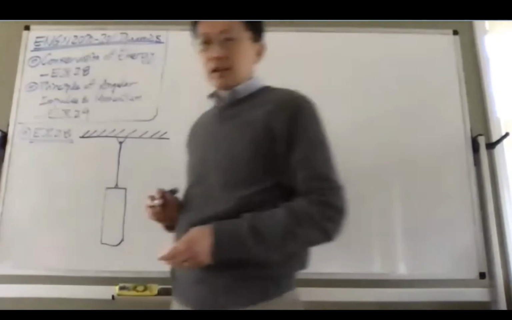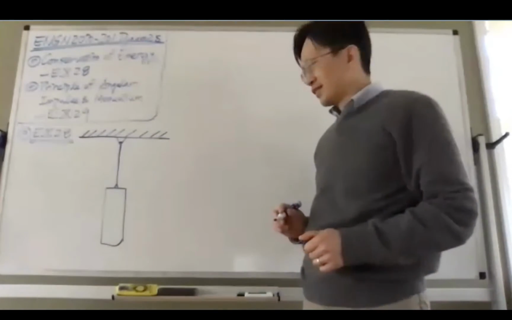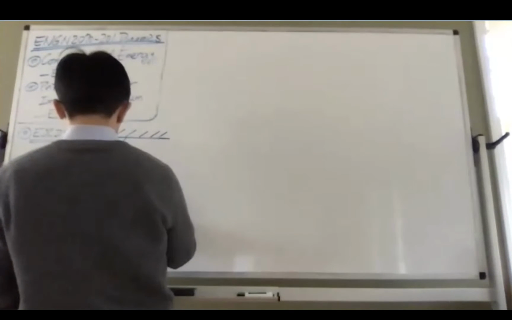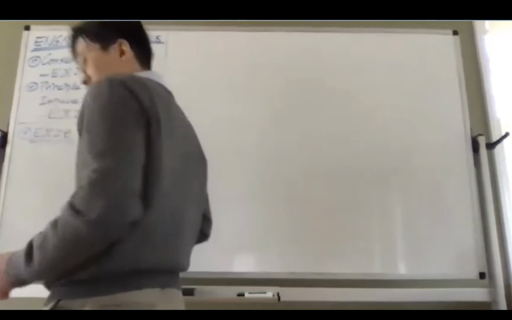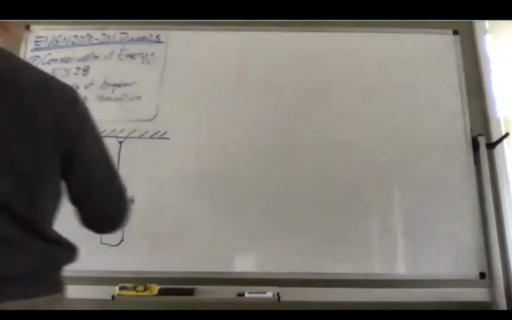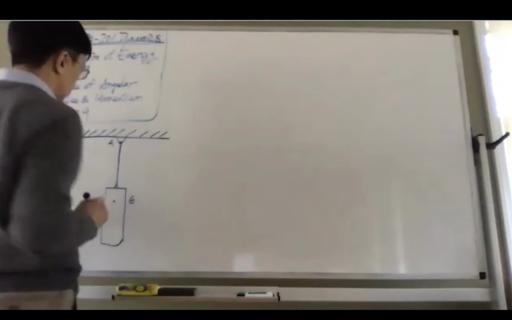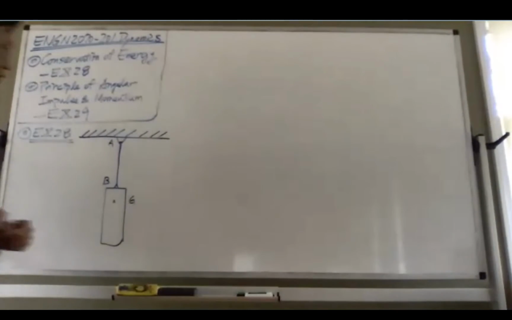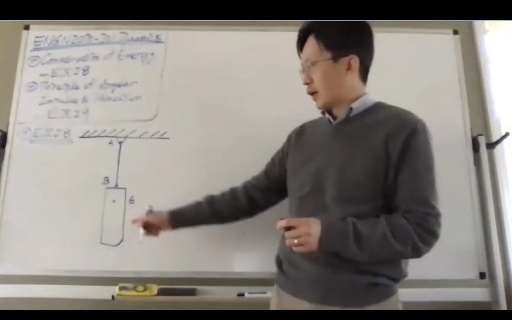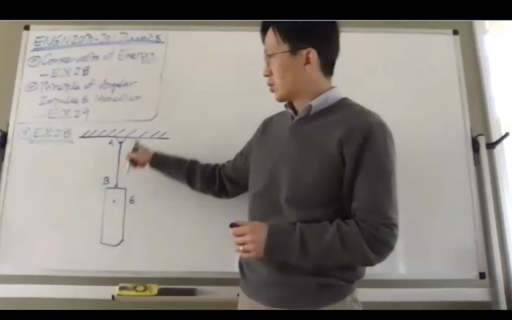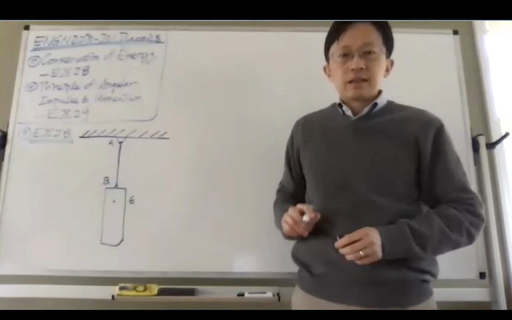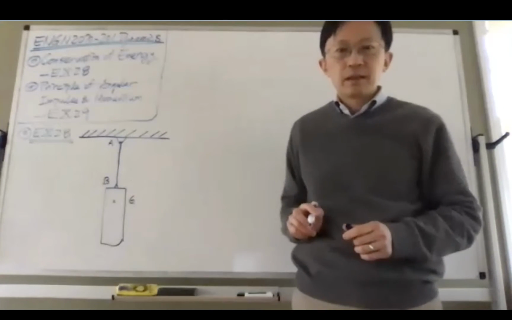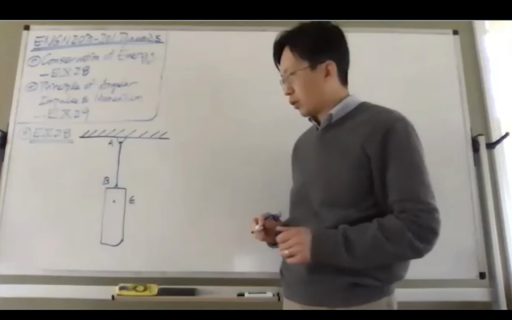I don't know if you box, but I don't. However, there's dynamics everywhere, especially in sports. The center of gravity is somewhere here, and the two points of the rope hanging the punch bag to the ceiling are defined as point A at the top and point B at the bottom of the rope.